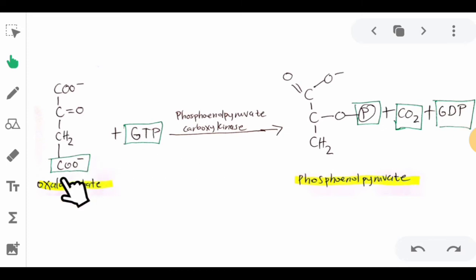This will be removed and will become carbon dioxide gas, and the phosphate will attach here on the second carbon. There will be a single bond because the phosphate has been attached, and instead of the two bonds here, one bond will be used to connect the phosphate. Then the GTP will become GDP, and the carboxylate ion will become carbon dioxide gas. So now you have the phosphoenolpyruvate.